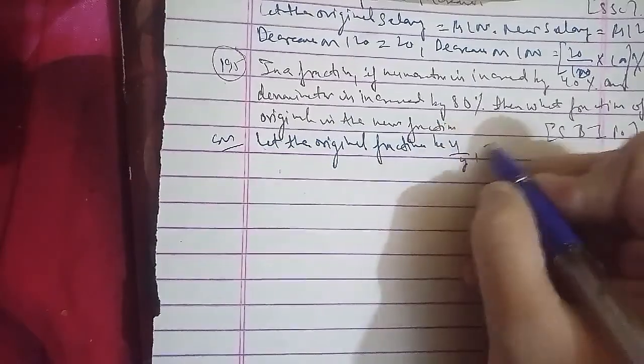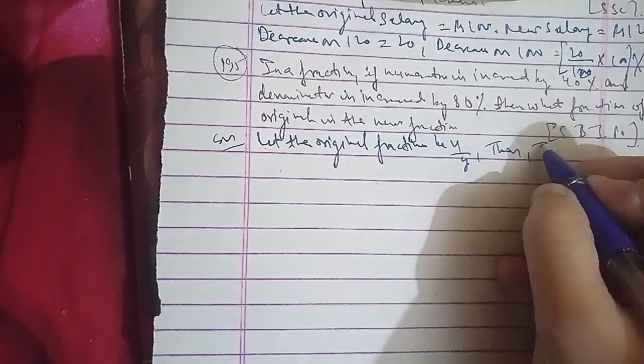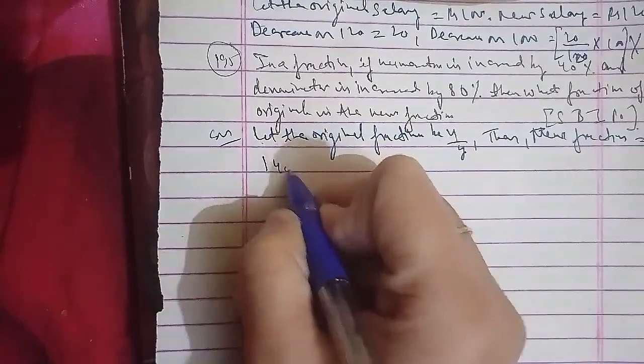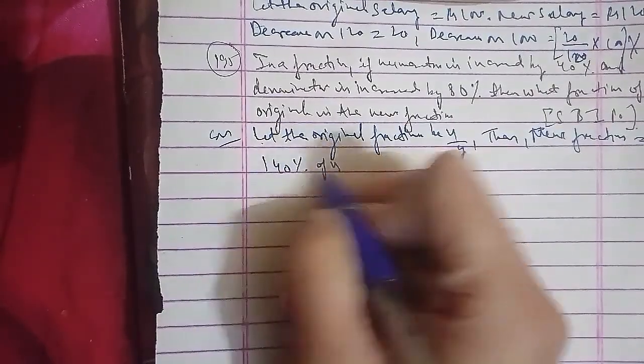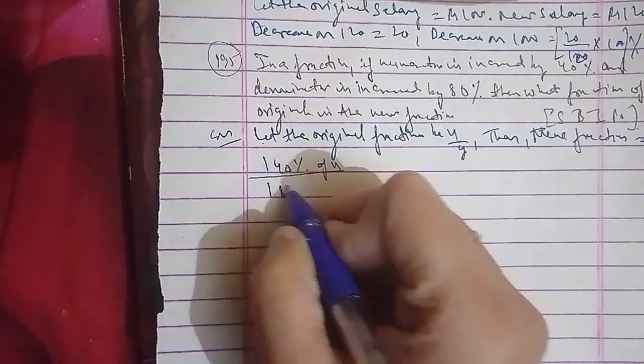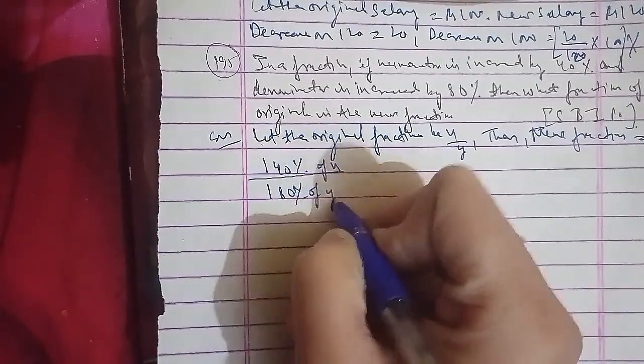After cancelling, zero cancels by zero, 2 7s are 14, 2 9s are 18. So 7X upon 9Y we have.